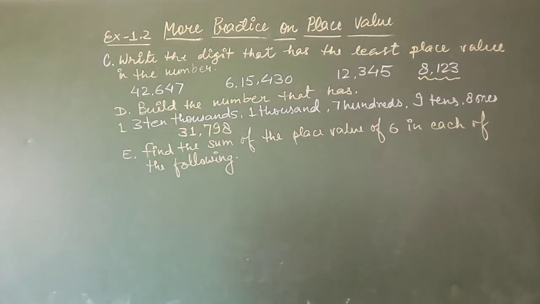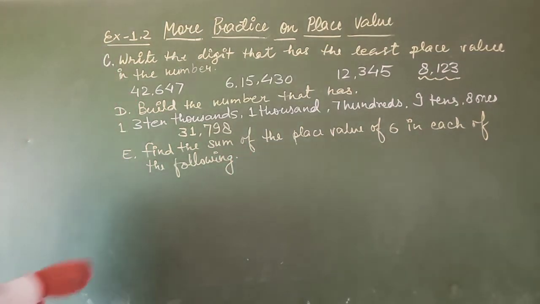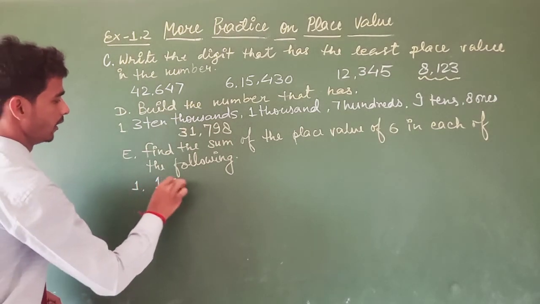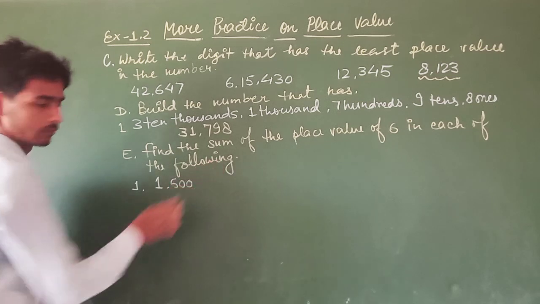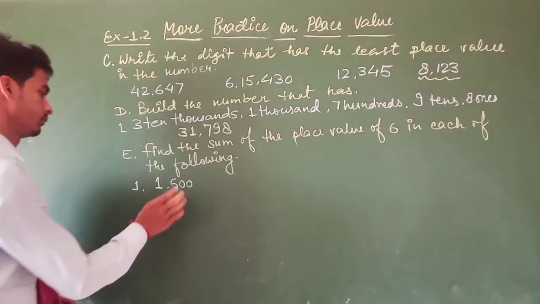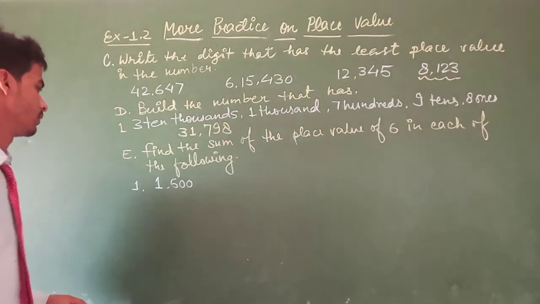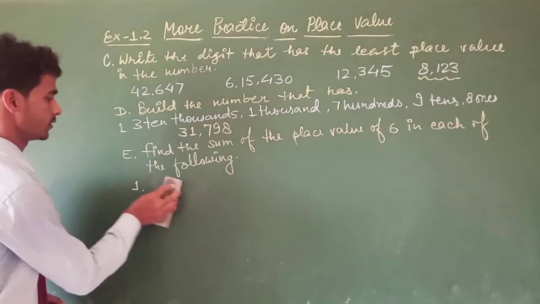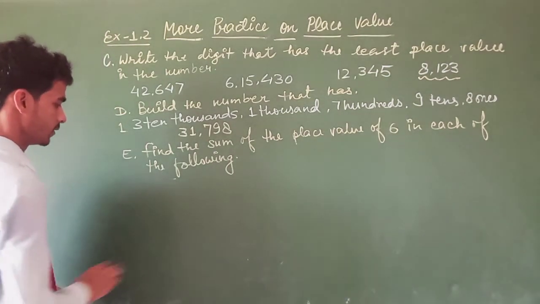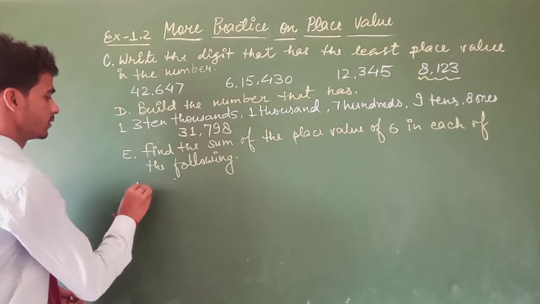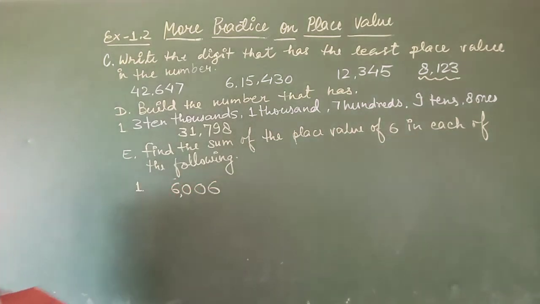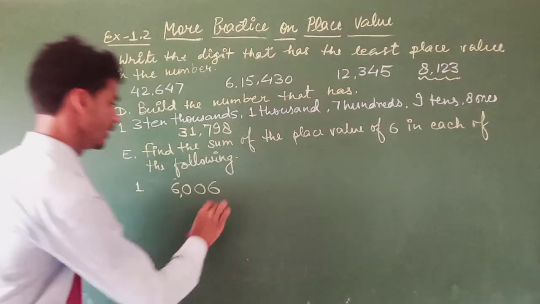Okay, the number is 6,006. Firstly, we have to find the place value of 6.